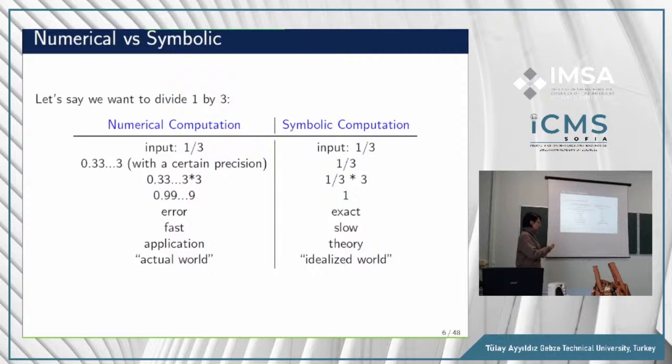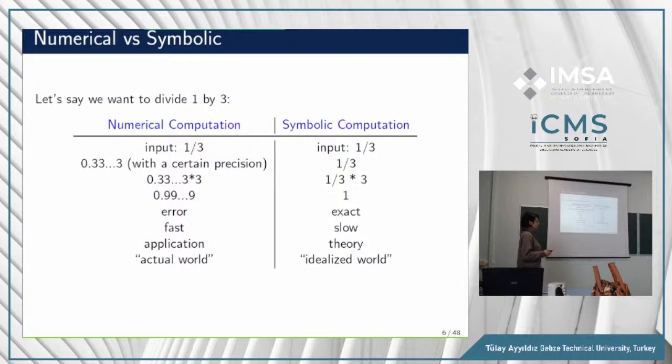But when you want to do this computation here, okay, this is one operation for the computer. So it's a symbol, so it needs to do some other, more complicated stuff to get back to the result of 1. So even with this simple computation, the time difference is significant. I mean, significant is very small here, but still you can see it. So this is a lot faster, or maybe I should have used the word efficient. But the symbolic computation is not efficient, so we don't really use it all the time.